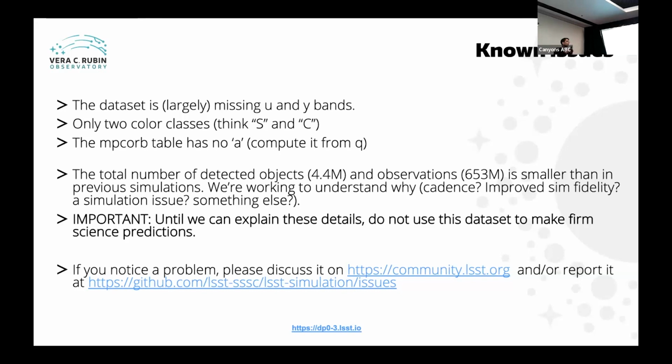So I take these numbers with a grain of salt. We're going to know in about two or three weeks exactly how much to trust them or not. Again, this is in the spirit of us trying to put this out more to test the RSP than to make predictions about what the LSST is going to be able to deliver.